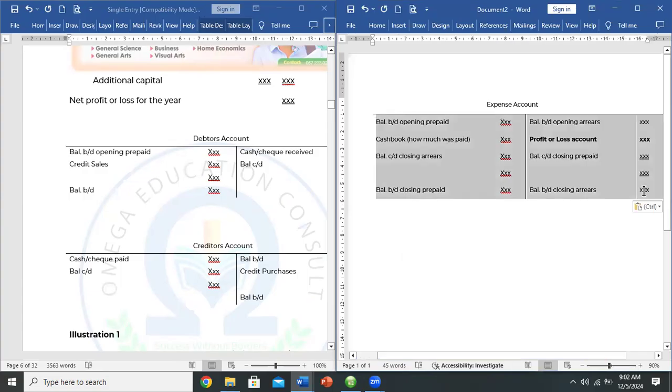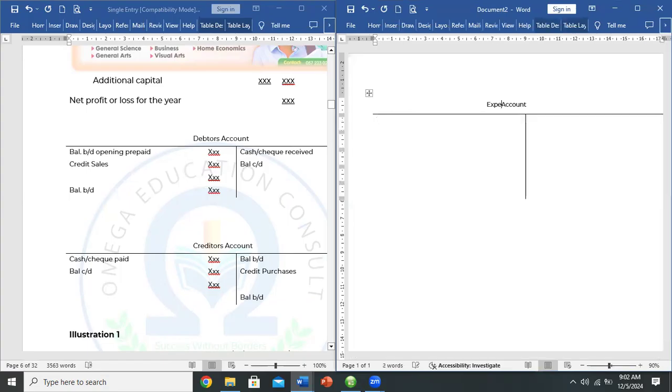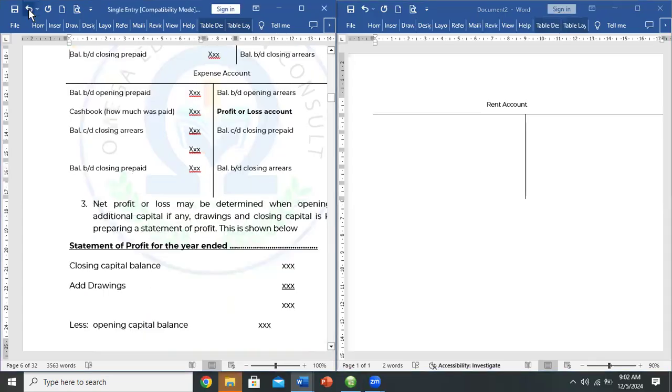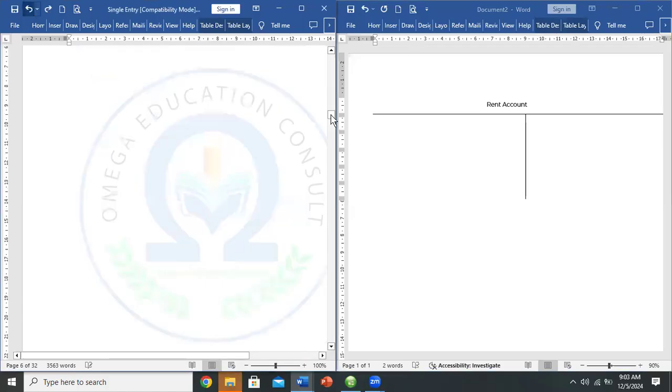I'm going to make the title rent account. Great. Now look at how we are going to use the information to get our rent for our profit and loss account. Like I indicated, the first thing you need is your opening balance.